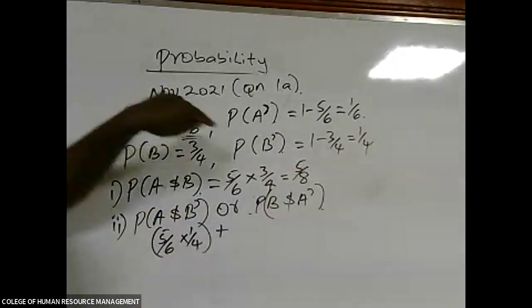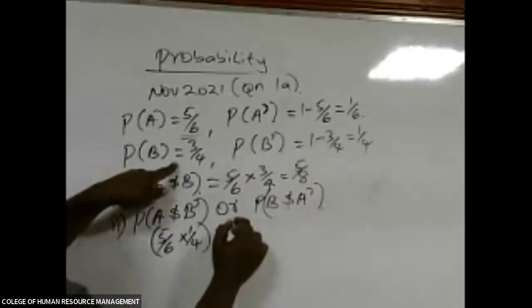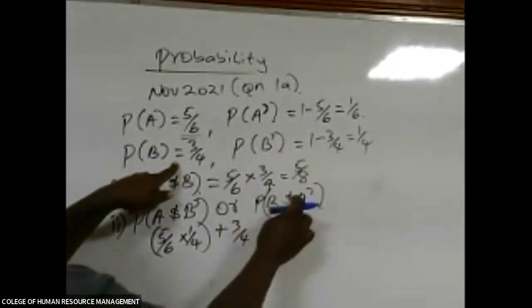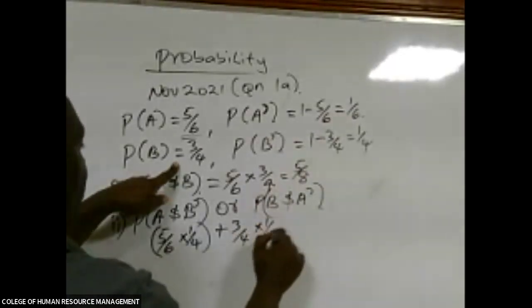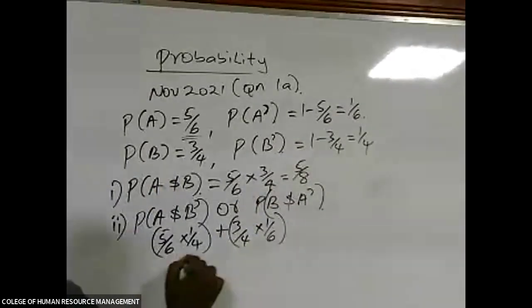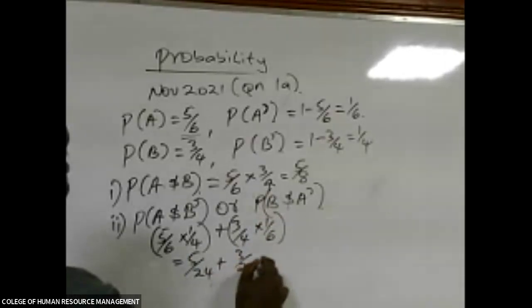Or, that is addition. It is on time in B, 3/4, but not on time in A. Not on time in A is 1/6. This is going to be 5/24 plus 3/24.